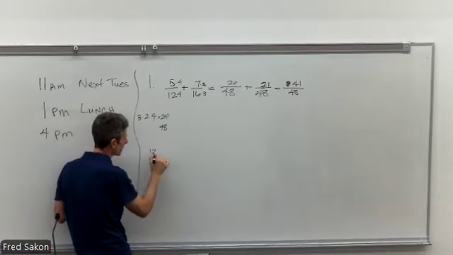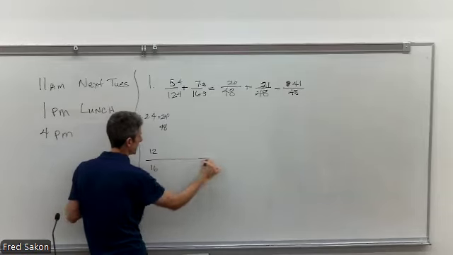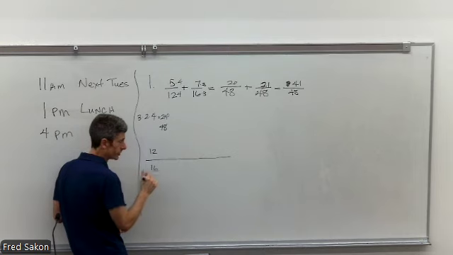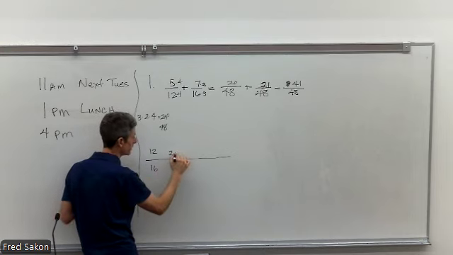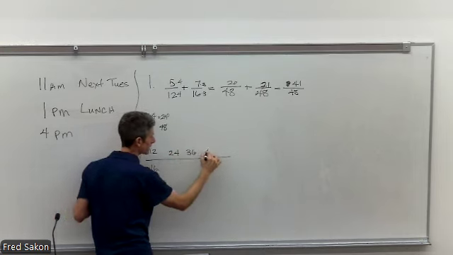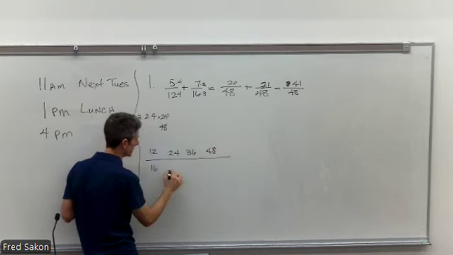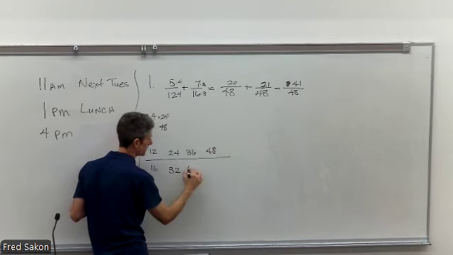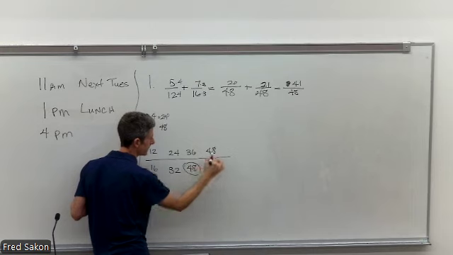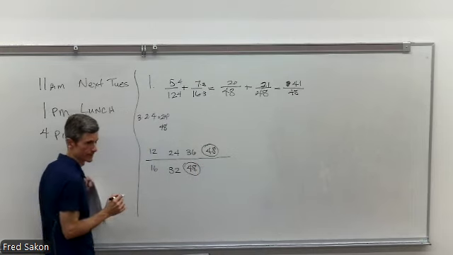Now, if you want to be a little more precise, write down your multiples of each. 12, 24, 36, 48, 16, 32, 48, then you can find a match.